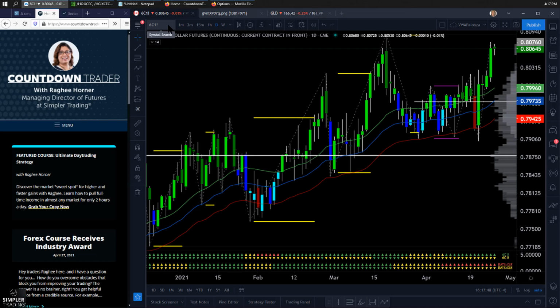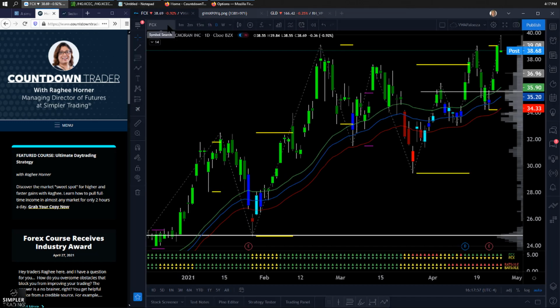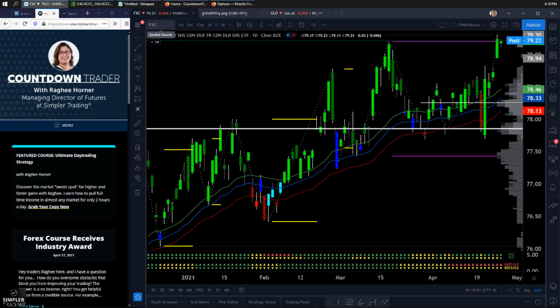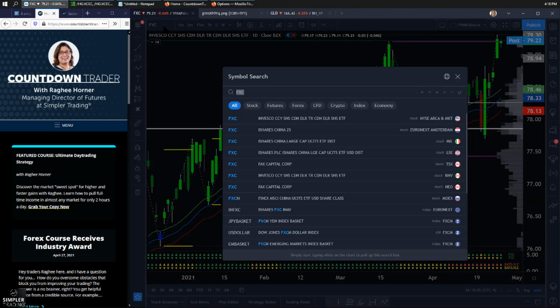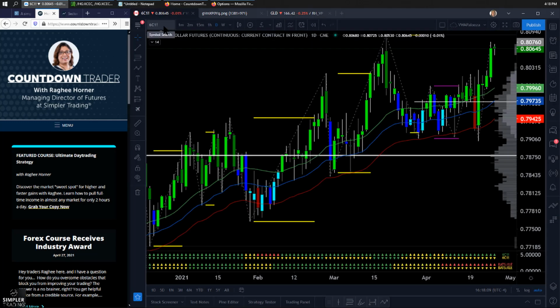So when the Canadian dollar would pull back, we would look at calls in the 6C, calls in the FXC, or just buying FXC, which is the Canadian dollar currency share ETF, or just buying 6C futures straight up. Okay? We knew that the path of least resistance for the Canadian dollar itself was very good.